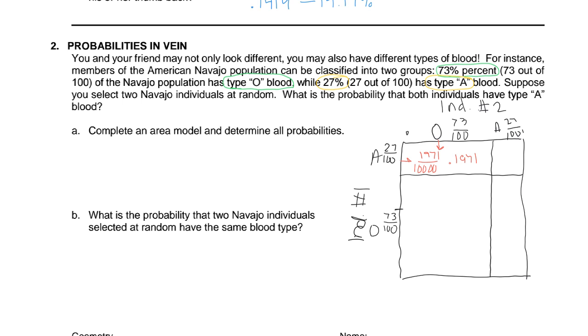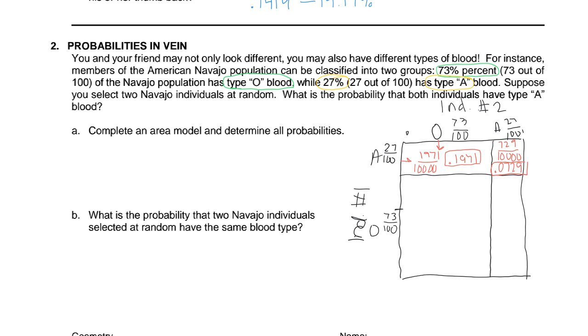Same idea in these other places. 27 times 27 over here, where A and A intersect, would be 729 over 100 times 100, which is 10,000. So when we make that a decimal, it ends up being 0.0729. I'll put a box around these because we are going to need these.